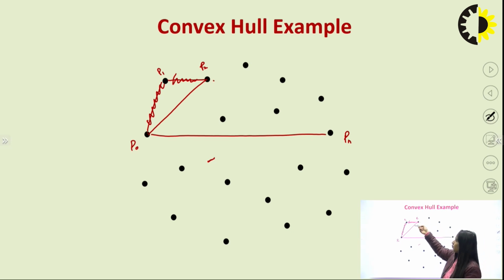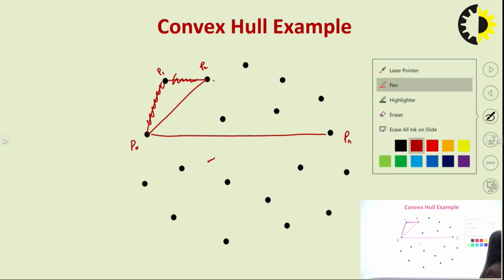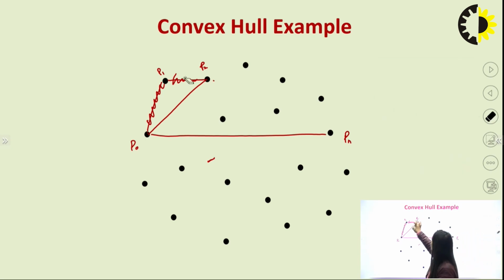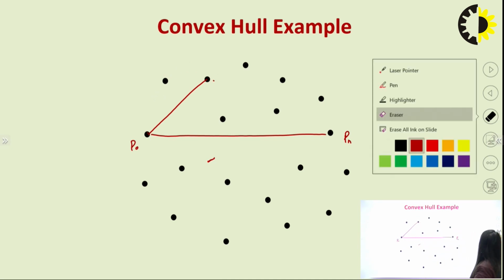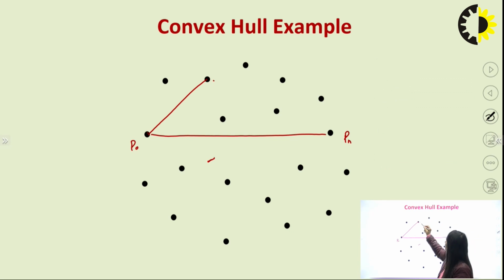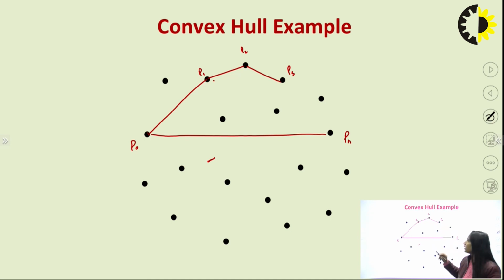Again, let's say this part is P0, and I mark these as P1, P2 and P3. If I connect these points, it makes a triangle over here.